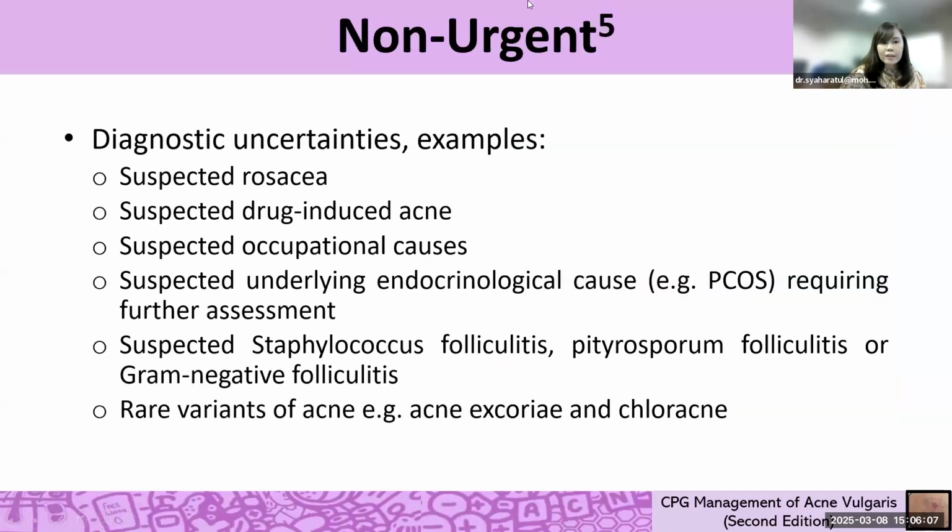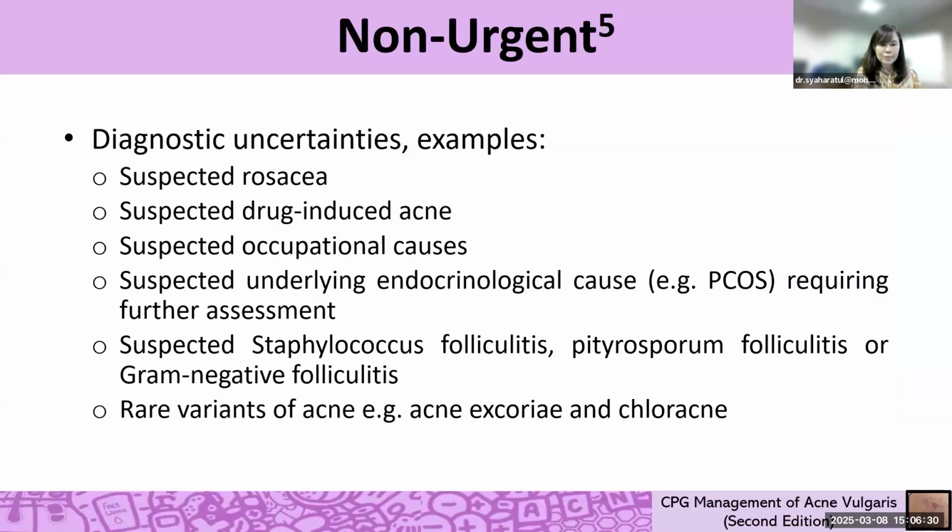Okay, then we have the non-urgent referrals. So I divide these non-urgent referrals into two groups. First group would be the cases where you have diagnostic uncertainties. For instance, you are not sure whether the patient has acne or rosacea, or you're not sure whether the patient could be having drug-induced acne and you couldn't seem to find the culprit drug.